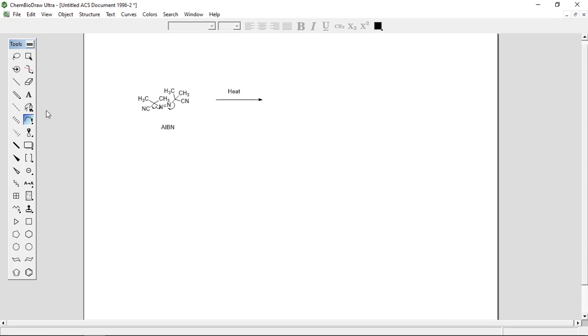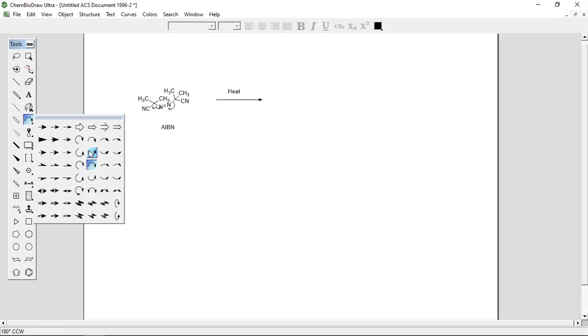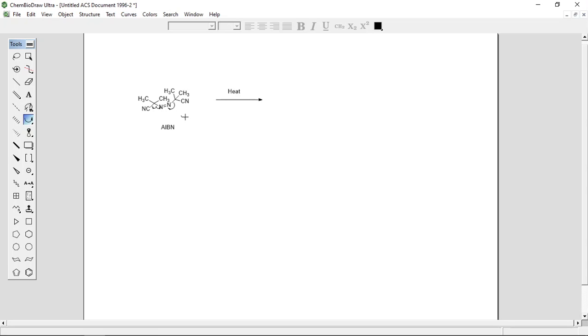It generates N2, plus the radical. So you will get this radical.